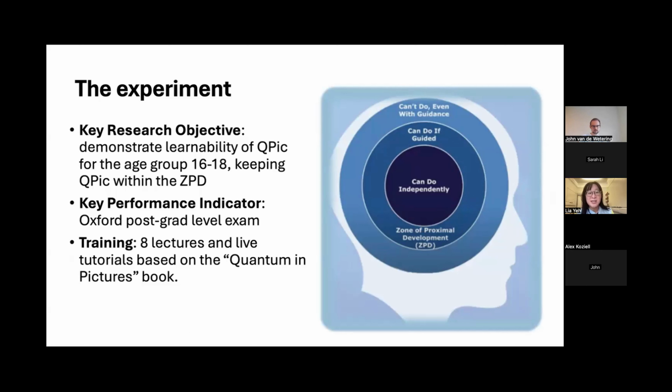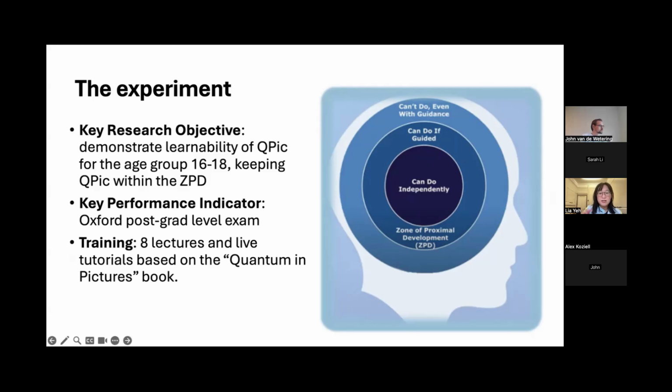Inside the innermost circle are the concepts and skills that the students can achieve independently without guidance. And the outermost one is the concepts that are out of reach even with guidance.